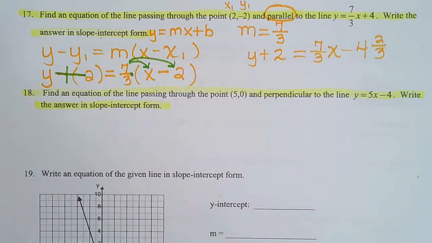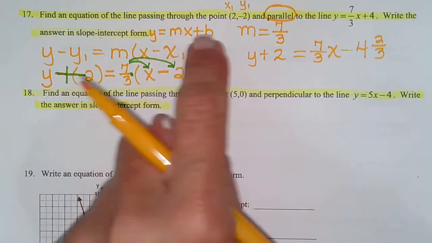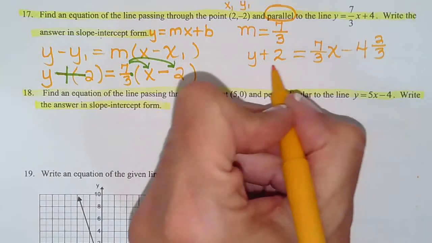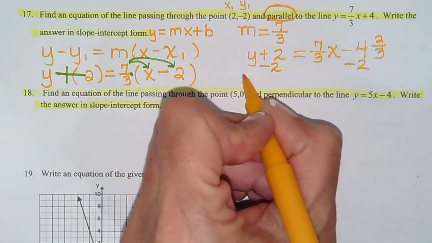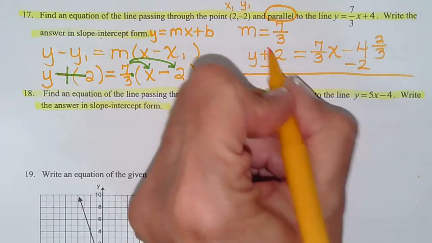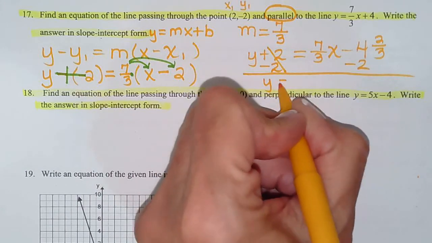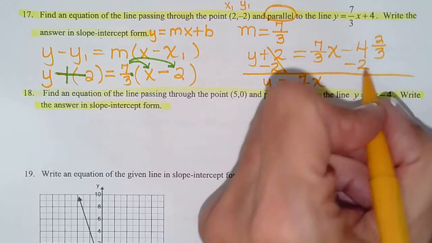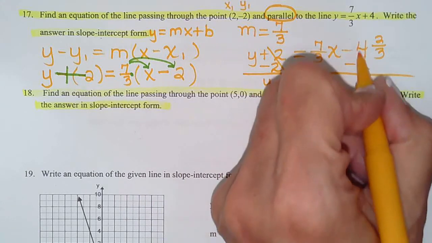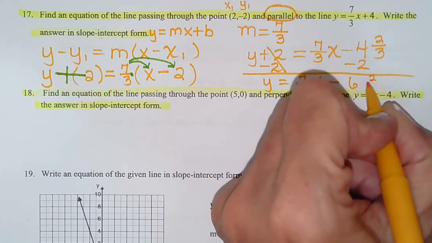And then I'm only one step away from done. I need to get my y alone, because remember it's supposed to look like this at the end. So do the opposite, subtract 2, subtract 2. And I get y equals 7/3 x. When the signs are the same, add and keep the sign, so -6 2/3.